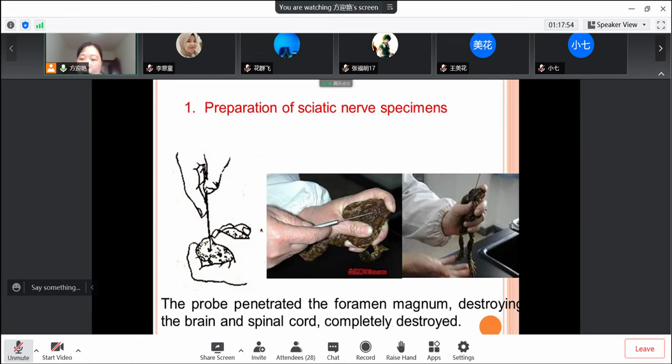Then we need to completely destroy the brain and the spinal cord. Complete relaxation of the muscles also shows the brain death.